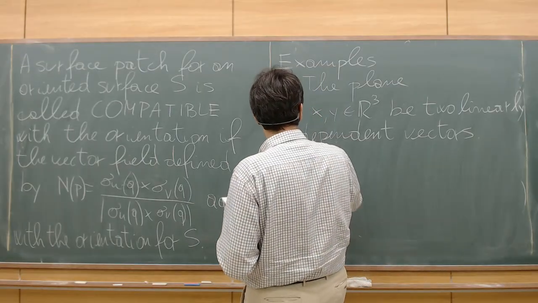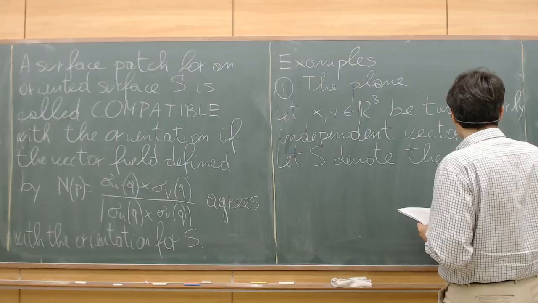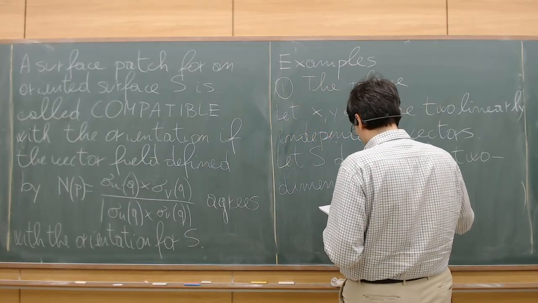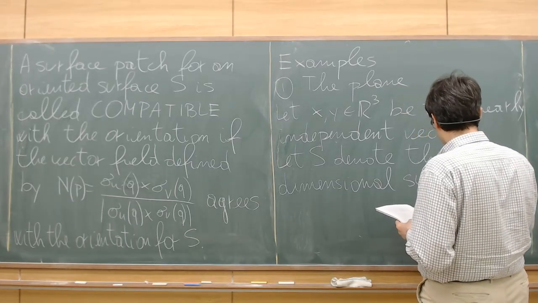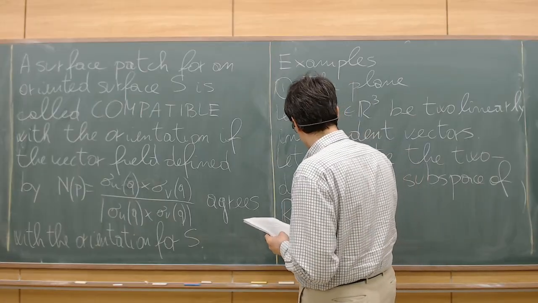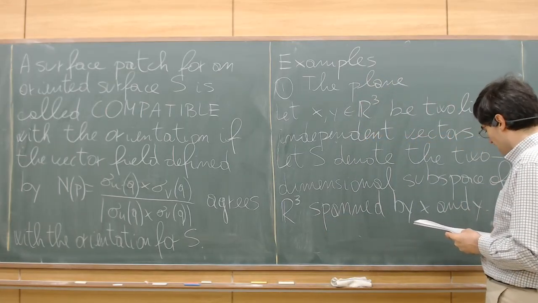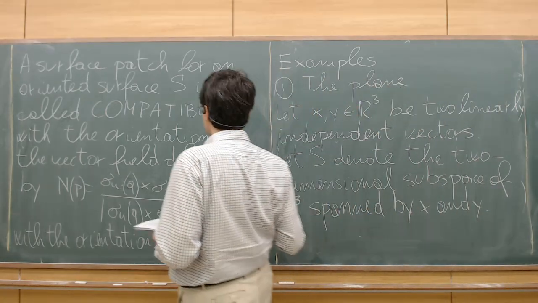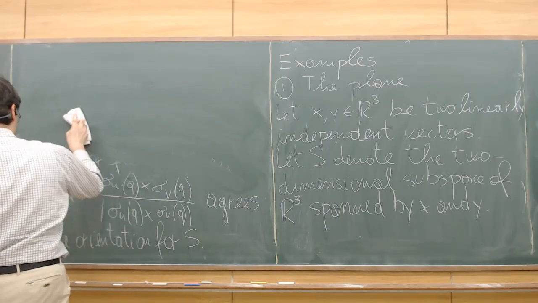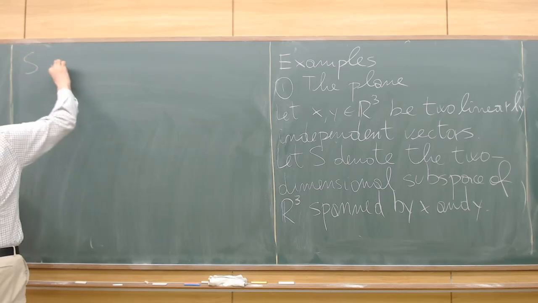Let S denote the two-dimensional subspace of R3 spanned by X and Y. This subspace is a regular surface.